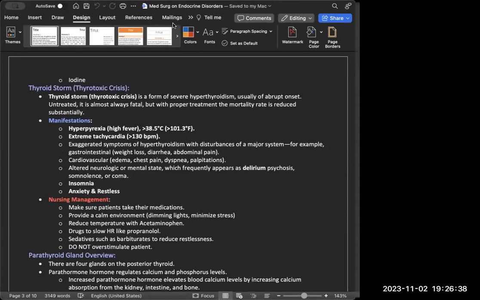Like hypothermic, bradypnea, bradycardia, all of that stuff, then it's going to be the opposite in a thyroid storm. We're talking about hyperpyrexia or a really, really high fever greater than 101.3. We're talking about extreme tachycardia, like above 130, right? Exaggerated symptoms of hyperthyroidism. So increased weight loss, increased diarrhea, cardiovascular palpitations, things like that.